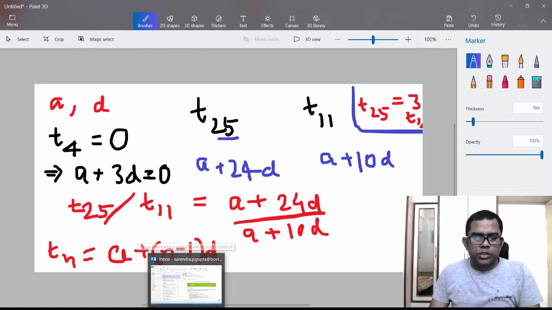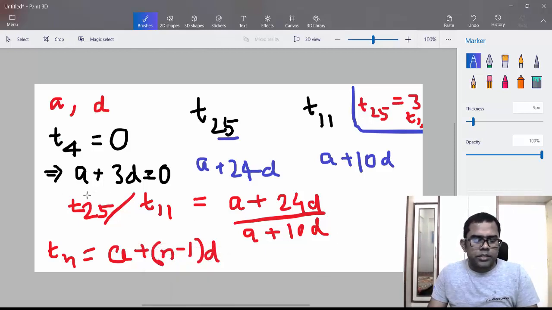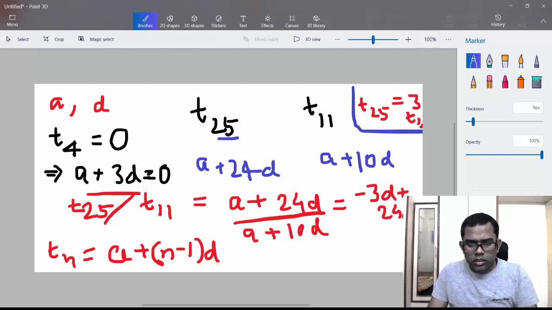Okay, so here with this equation we can say that A is equal to minus 3D. So it will be minus 3D plus 24D divided by minus 3D plus 10D.